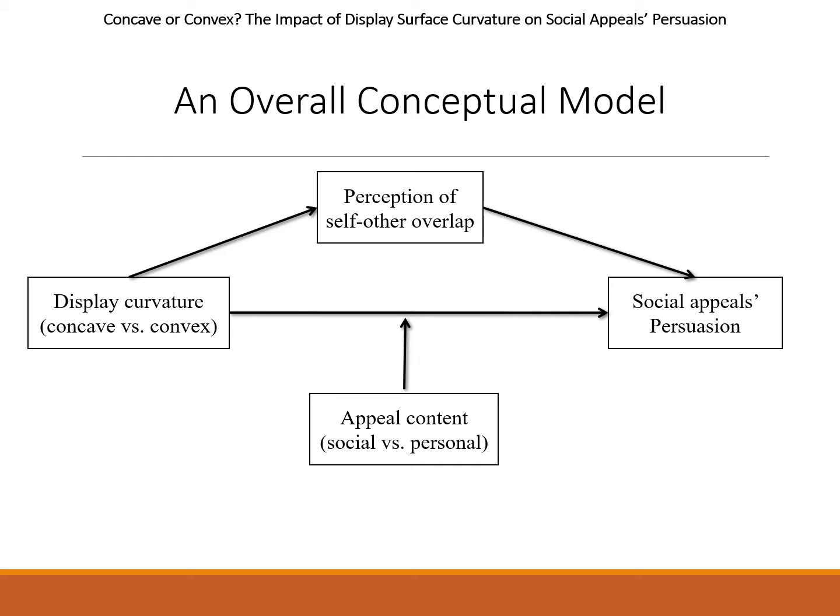Basically, we propose that a concave versus convex display may enhance persuasion for marketing materials with social appeals. And we reason that a concave versus convex surface will increase viewers' perceptions of self-other overlap. And we also hypothesize that such effect is weakened when the persuasive information contains personal appeals.